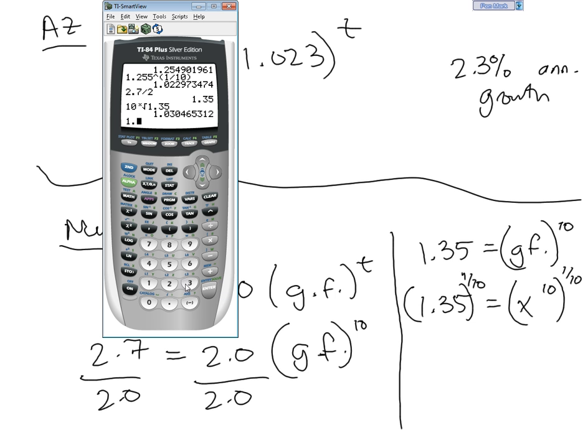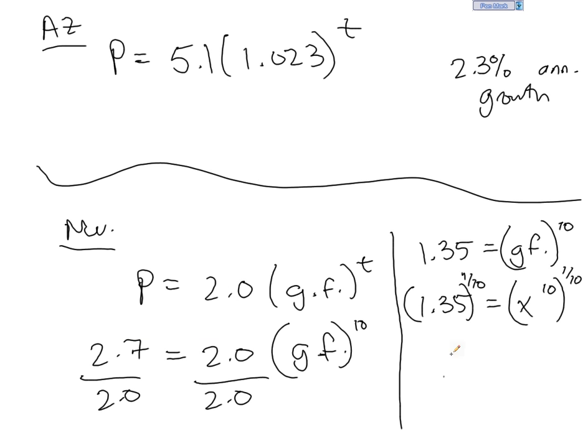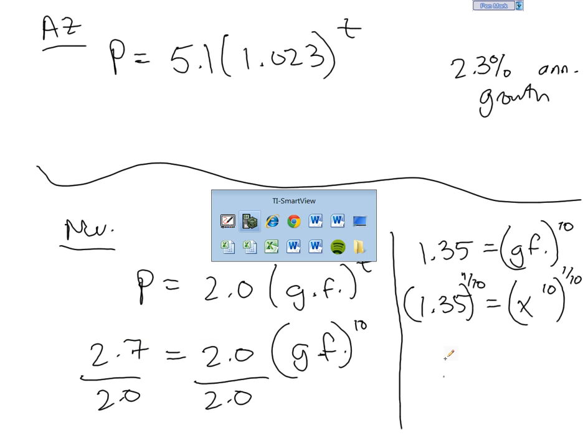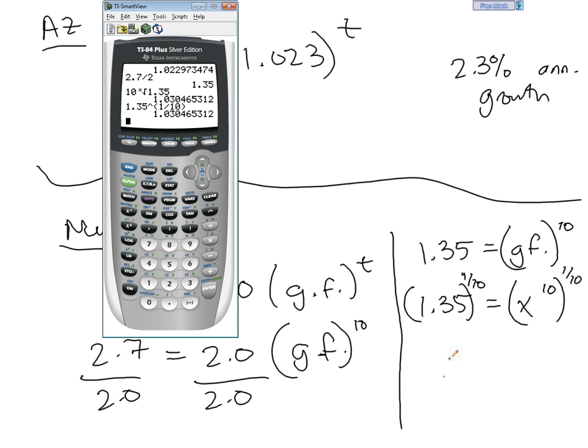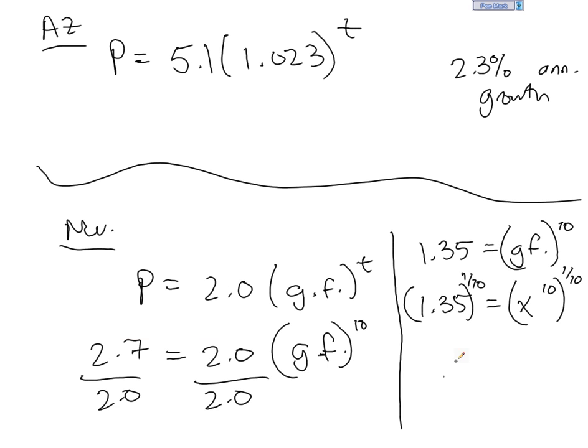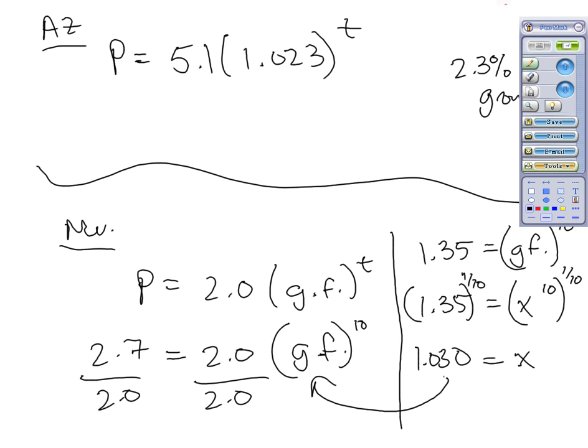If we did 1.35 raised to the 1/10th power, we should get exactly the same thing. And we do, 1.03, 1.030. So we'll just round to 3 decimal places like we did before, 1.030. So x equals 1.030. So that means our growth factor is 1.030.